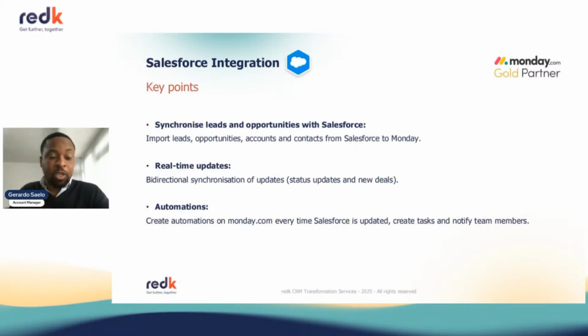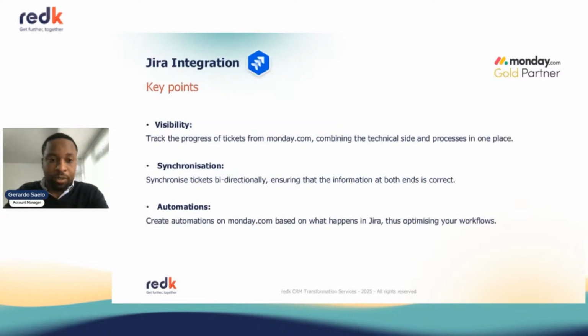So it helps you combine two platforms that are utilized very much on a day-to-day basis and have them talk, and make sure that you have full control of the sales cycle of a lead and all the different departments that may be involved in the process.